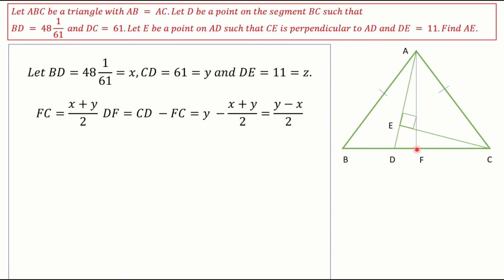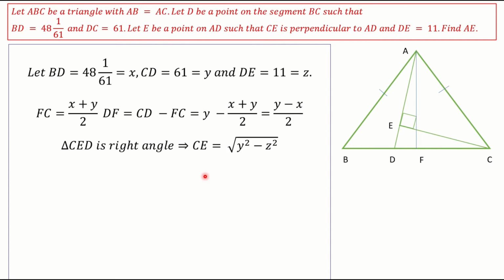Okay. So X plus Y by 2. FC or BF, both are the same basically. Okay. DF equal to CD minus FC. CD is Y. So Y minus X plus Y by 2, which is equal to Y minus X by 2.